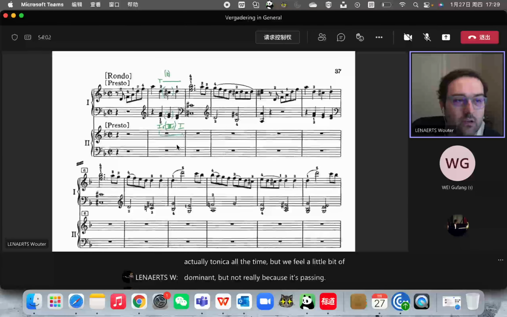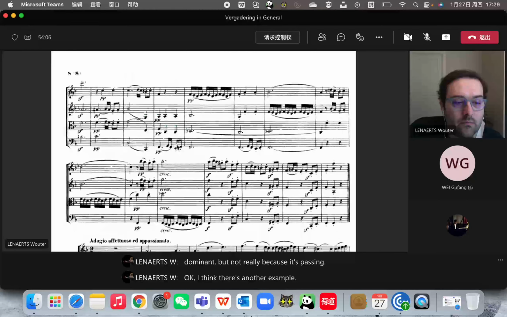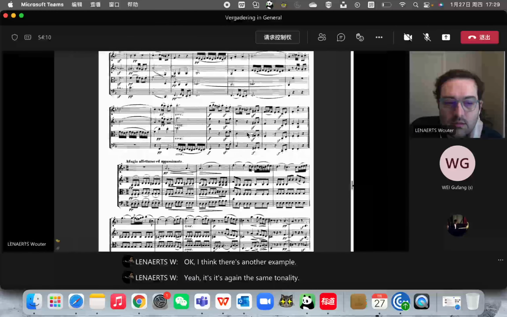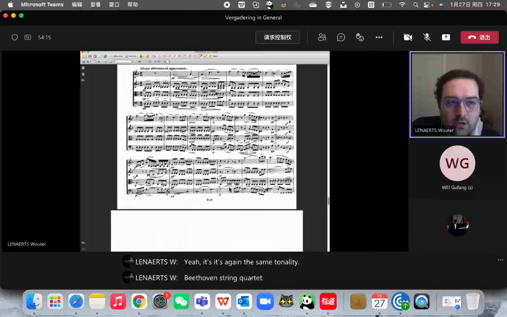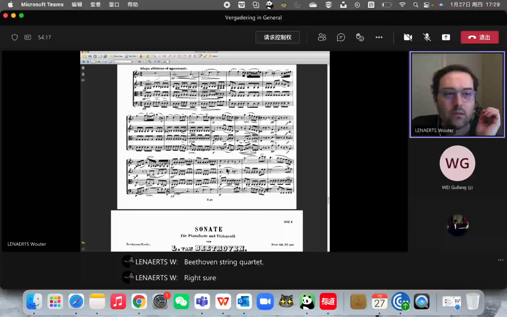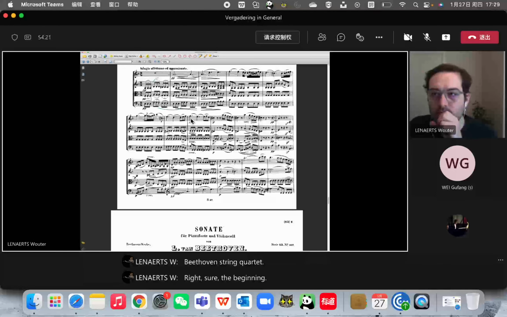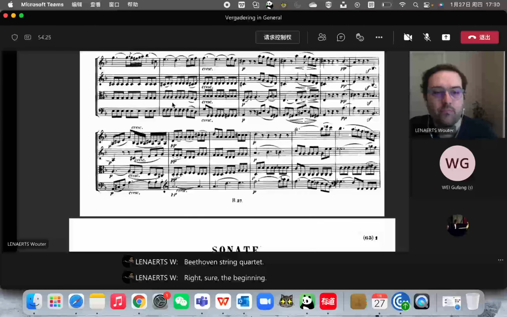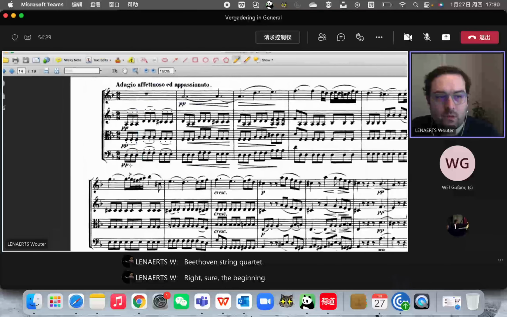Okay, I think there's another example. Yeah, it's again the same tonality. Beethoven string quartet. Wait, here, the beginning. So D minor, this is also 1.